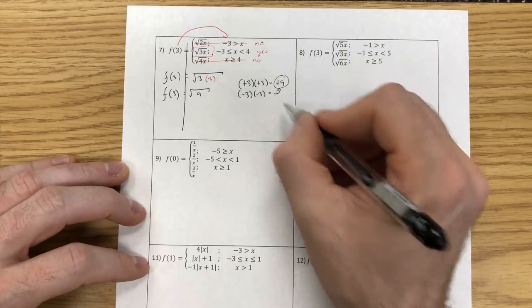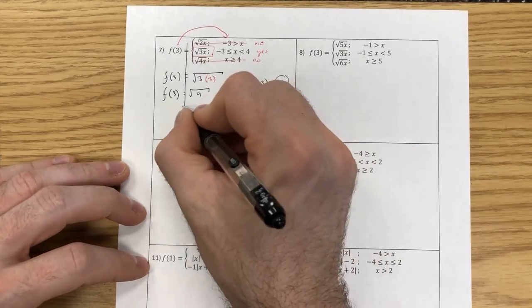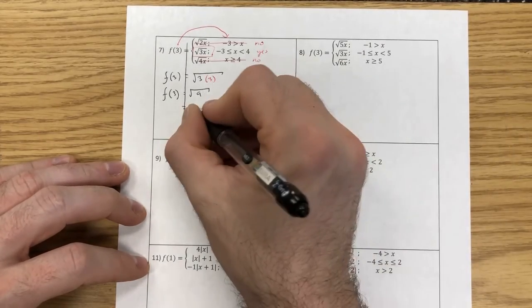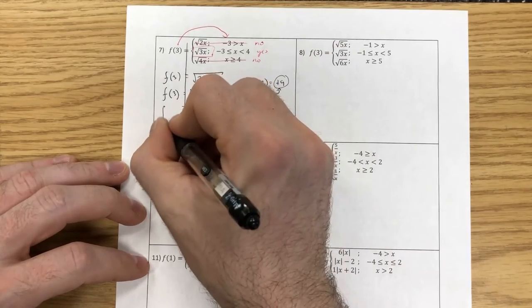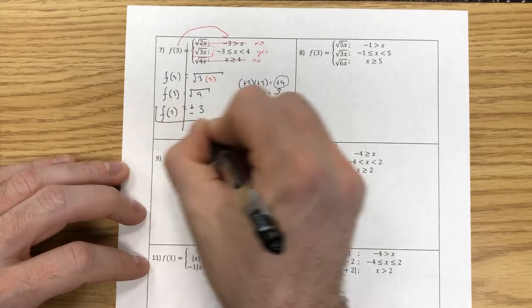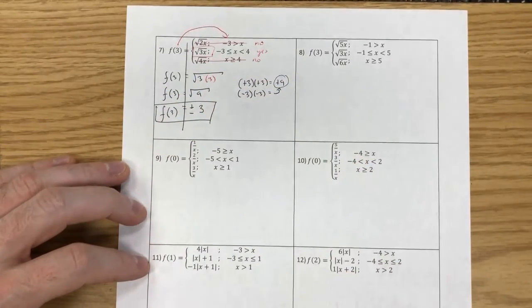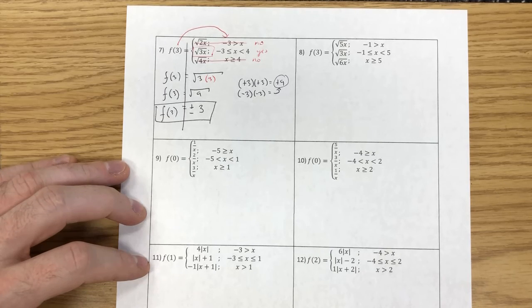They both equal the same thing. So when I take the square root of 9, I give it both the positive and negative 3. So I actually get two answers. Perfect.